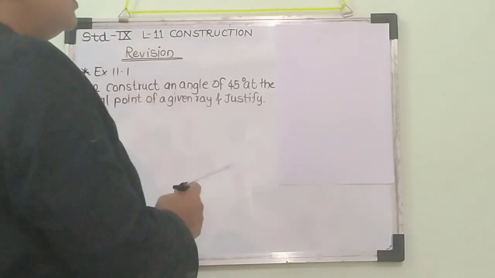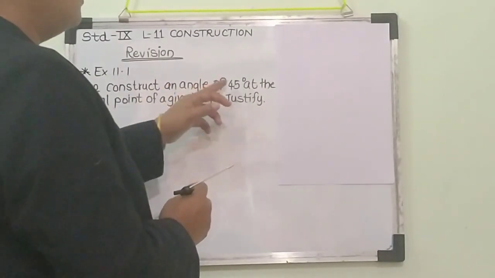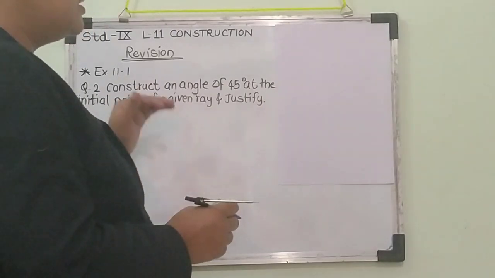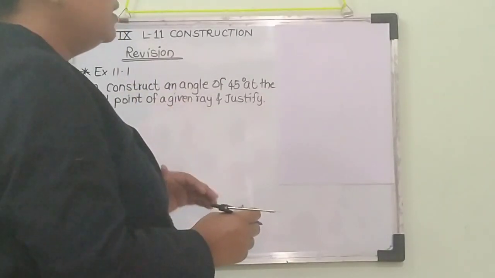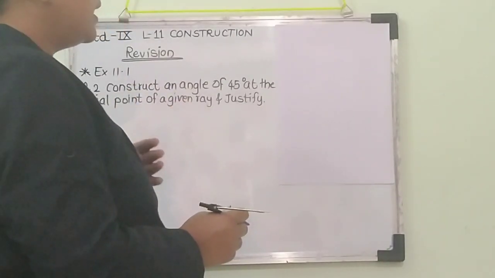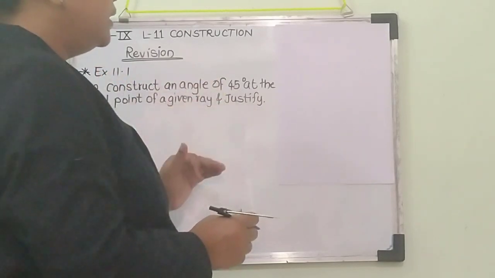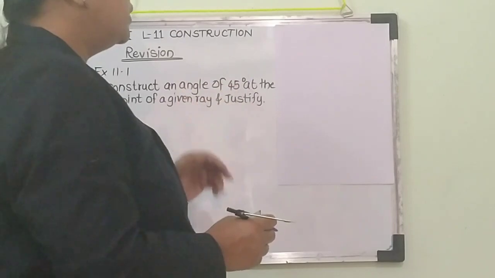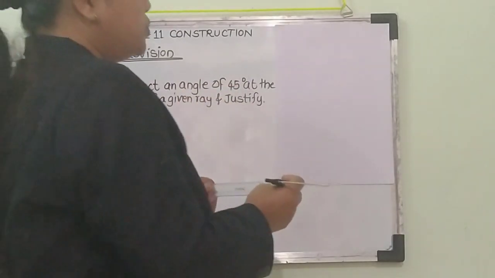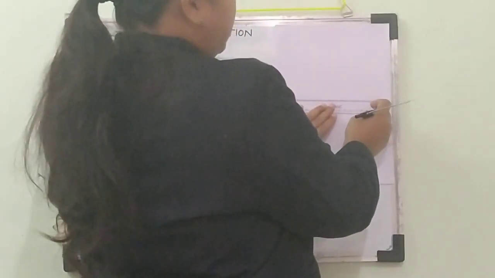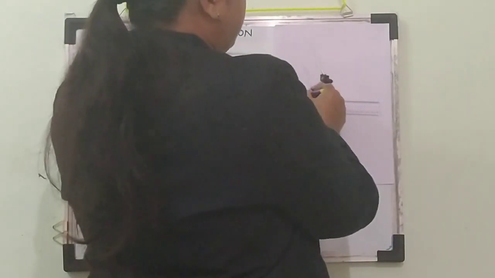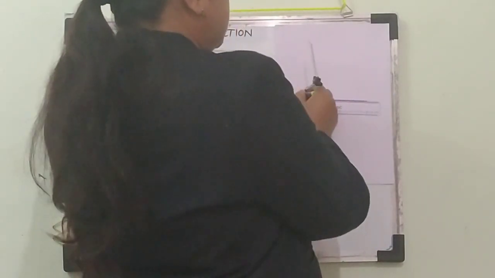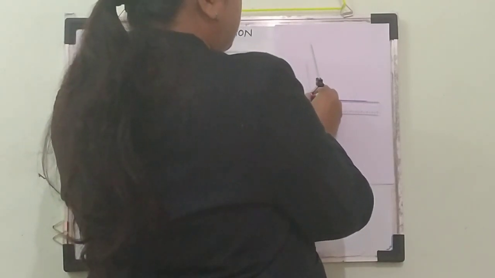So first I will draw the angle of 45 degree. So for 45 degree it is a half of 90 degree. So first I have to draw the angle of 90 degree and then we can draw the 45 degree angle. So we know that for 45 degree angle we have to draw first base and we are going to extend.